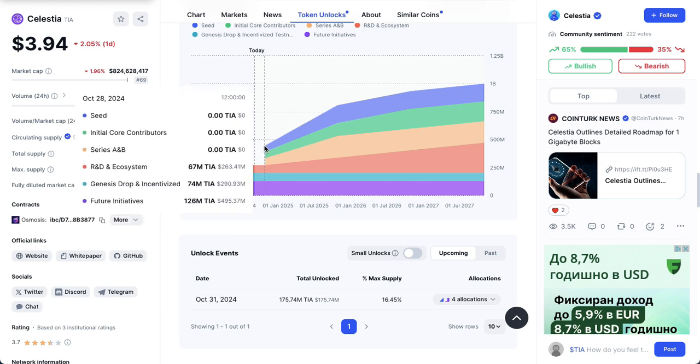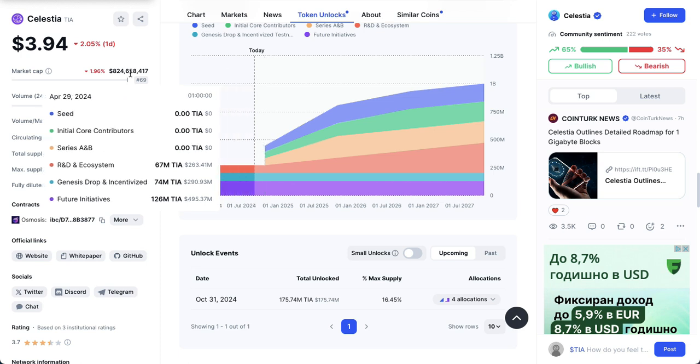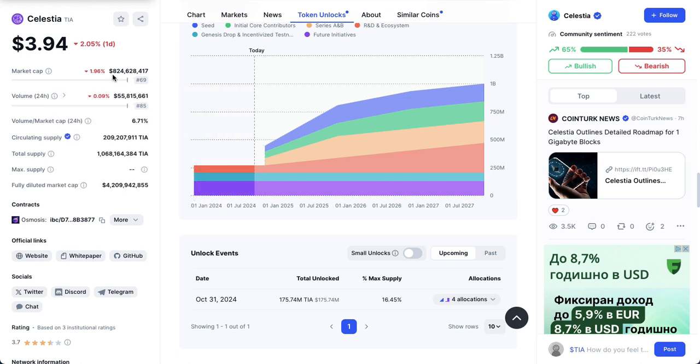It will pretty much double the circulating supply. So if we stay at the same market cap, it means that will pretty much crush the price. It will split the price in half.